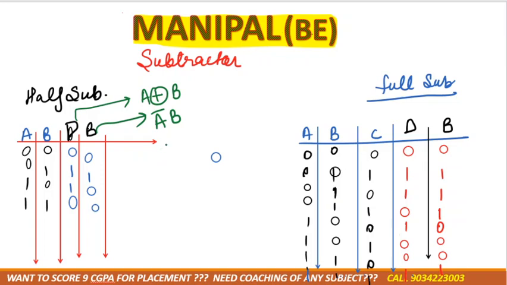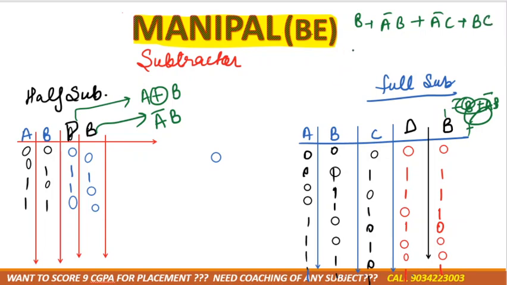Next, for the full subtractor, we have the expression for the borrow as A bar B plus A bar C plus BC.